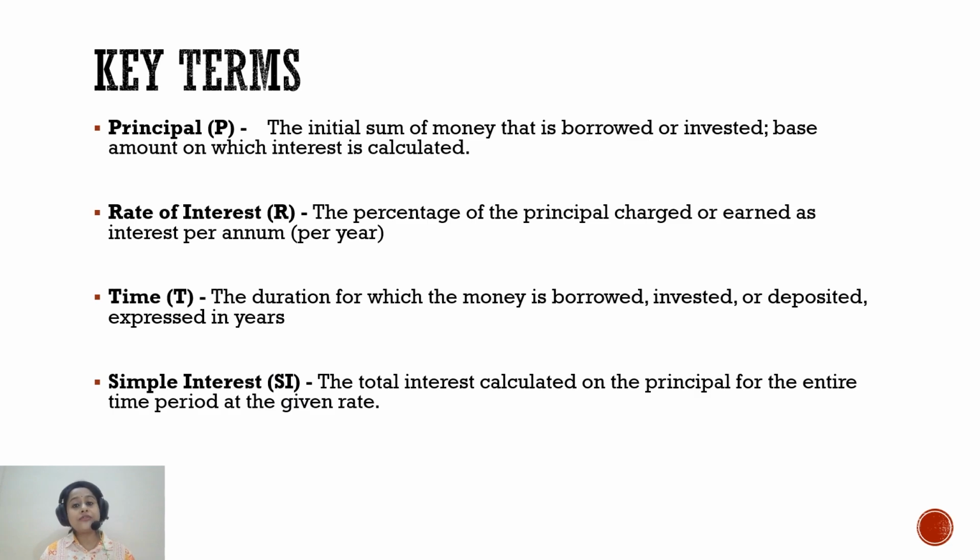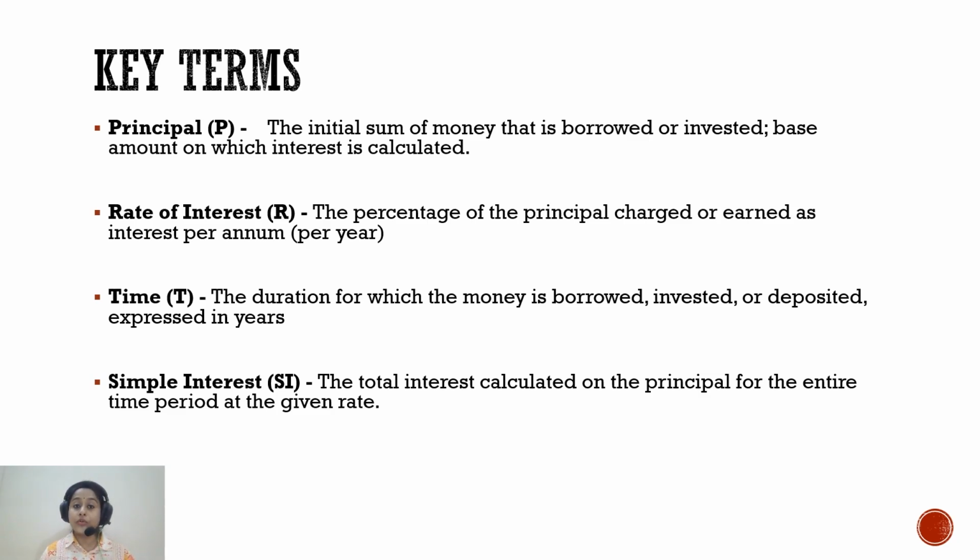Then simple interest, that is the main objective of this video, that is how we can calculate it. Now given all these variables, all these parameters, how will we calculate the total interest earned on a particular principal, whether you have borrowed or invested?